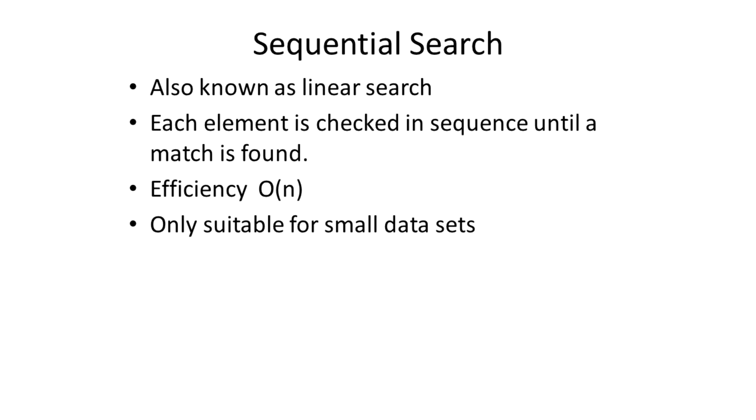And if the key matches an item in the data structure, we return a positive value, which in our algorithm is the index of the item where it's located in the array. And if we don't match the key that we're looking for, we return a negative value, just so we can distinguish between whether the value exists in the array or whether it doesn't.